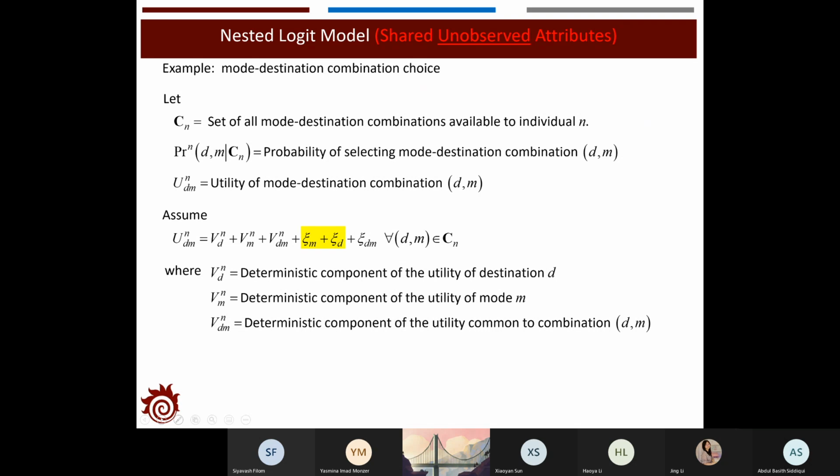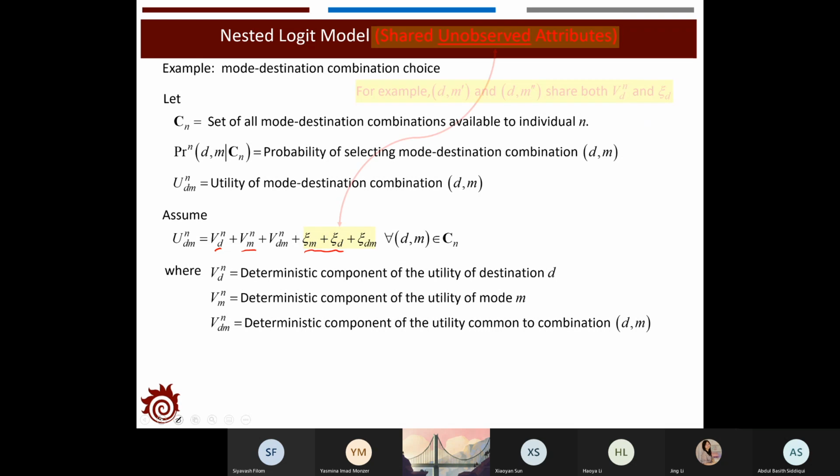But in addition, we will have two random components, one applied to the destination, that is epsilon d, and one to the mode, that's epsilon m. These two random components are unobserved random attributes.